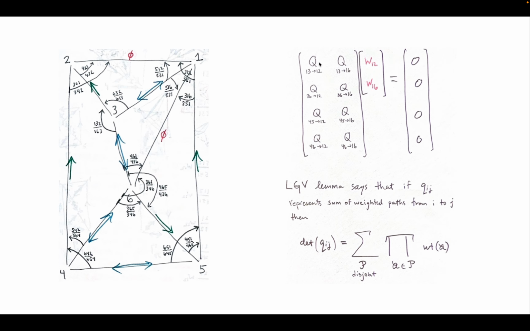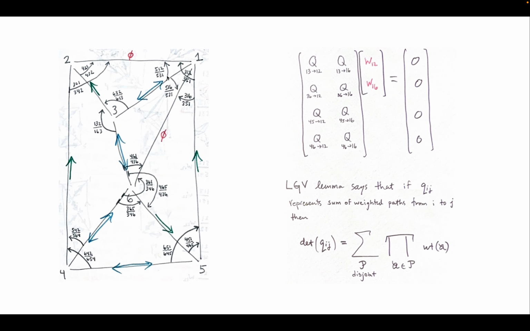And that goes here. And LGV lemma says that you can really just look at this as a sum over disjoint path systems and just product of the weights, where the weights are these ratios on these. I'm sort of viewing them as almost like swiveling from one edge to another.